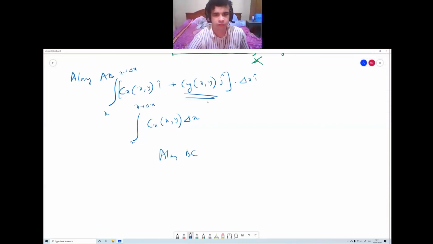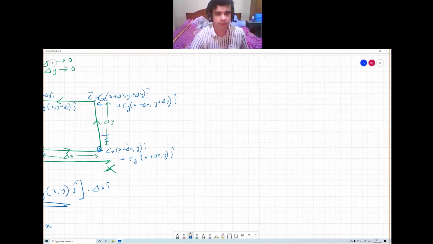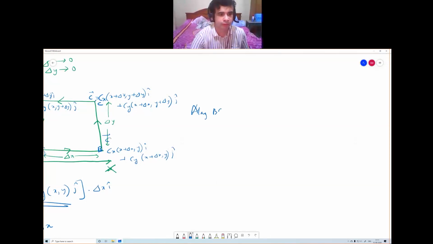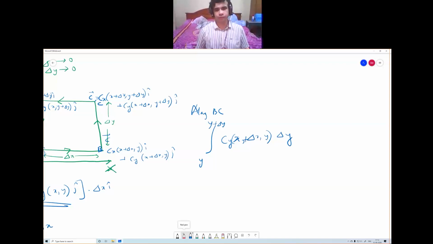Along BC, it will be the integral, I'm just skipping one step, from y to y plus delta y of Cy, sorry, Cy not Cx, at x plus delta x, y, times delta y.